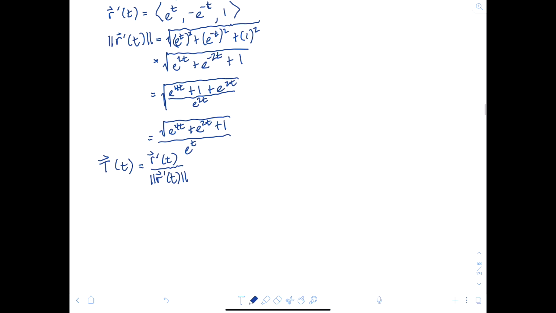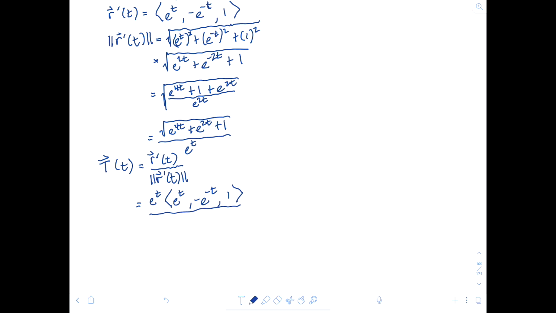So that is going to equal, if I invert and multiply that magnitude, I would have e to the t as a coefficient in the numerator, and then I would end up with my e to the t, negative e to the negative t, and 1.